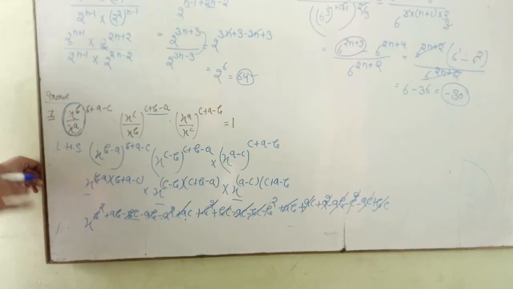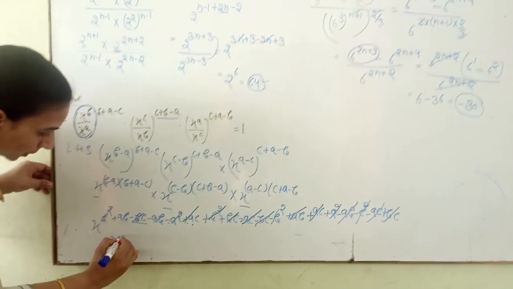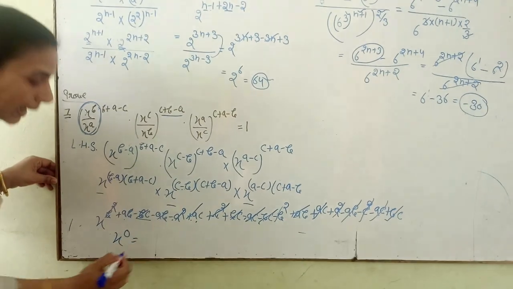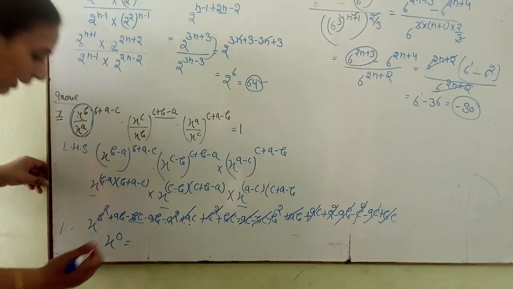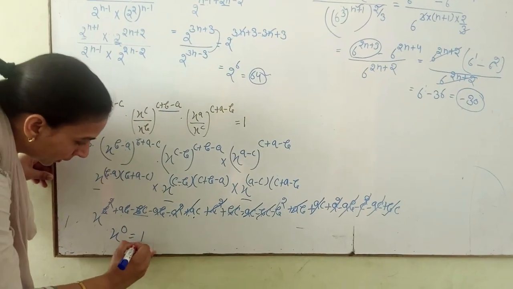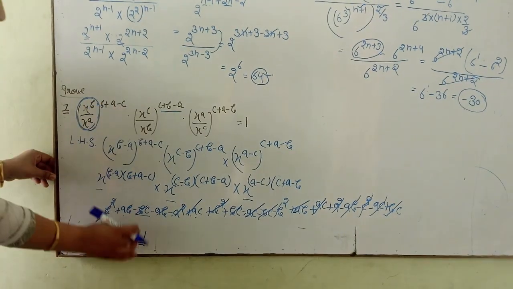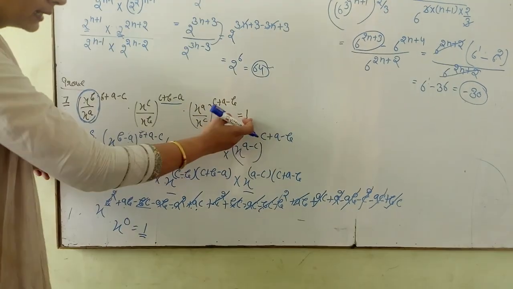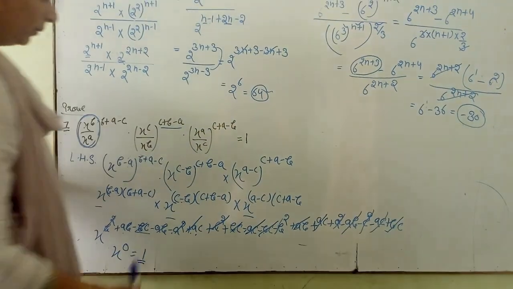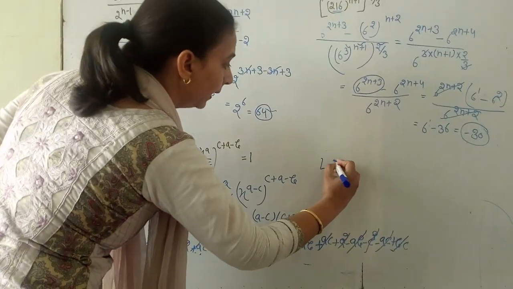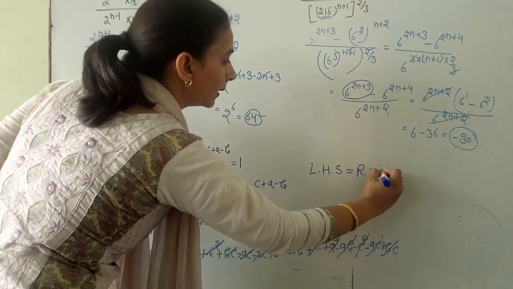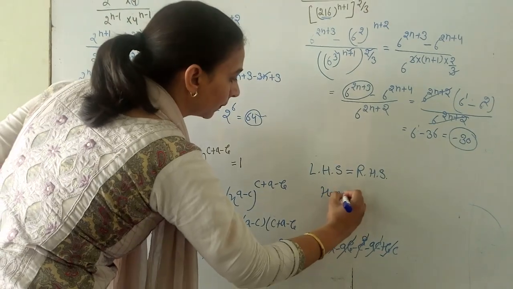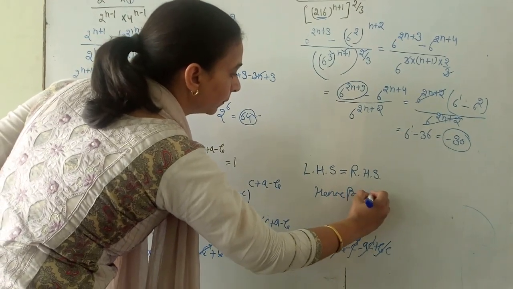Cancel out, all cancel. Then x raised to the power 0, and any number raised to the power 0 is equal to 1. Then x raised to the power 0 equals 1. Left hand side equals 1, right hand side also equals 1. Then we have proved that left hand side equals right hand side, and hence proved.